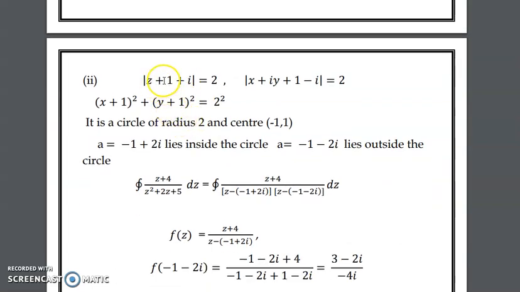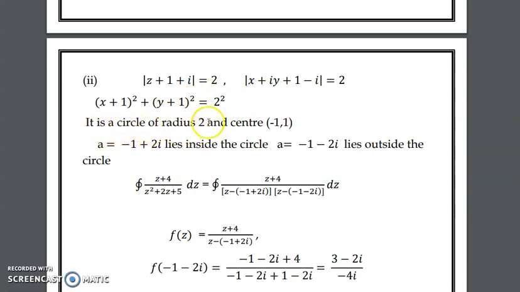Second one, modulus of z plus 1 plus i equal to 2. So again replacing the value of z: x plus iy plus 1 plus i equal to 2. Sorry, here it is plus i. x plus 1 whole square plus y plus 1 whole square is equal to 2 square.